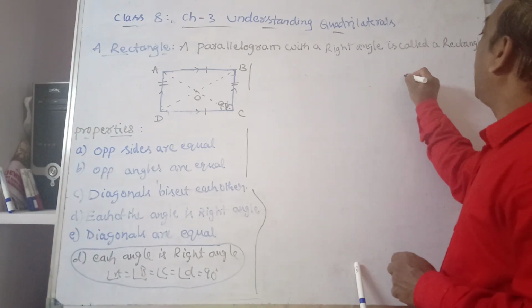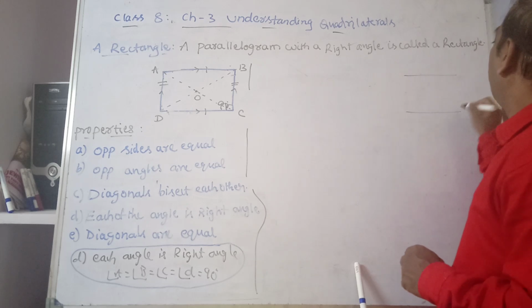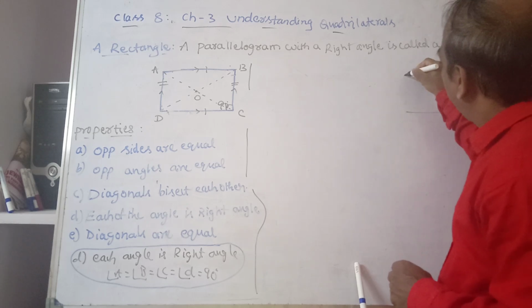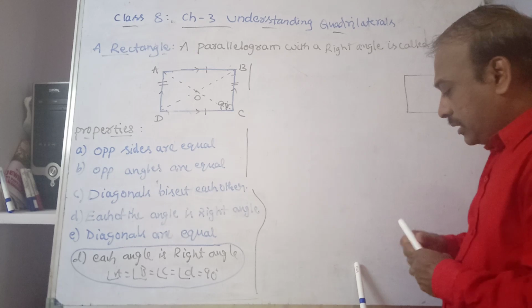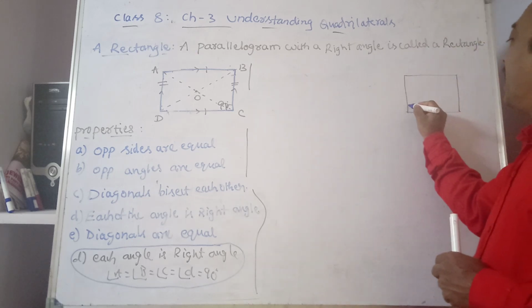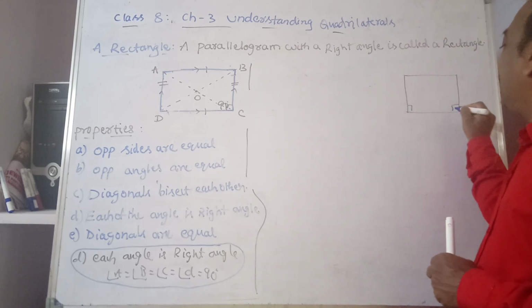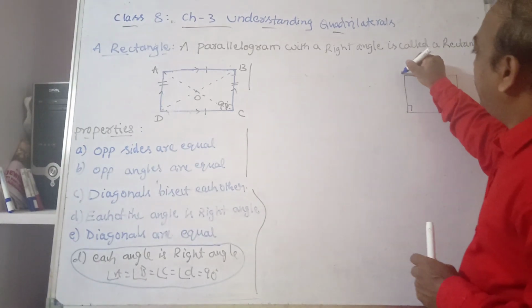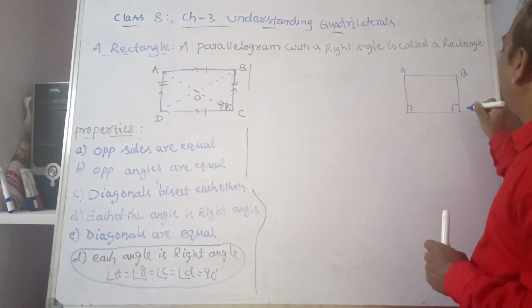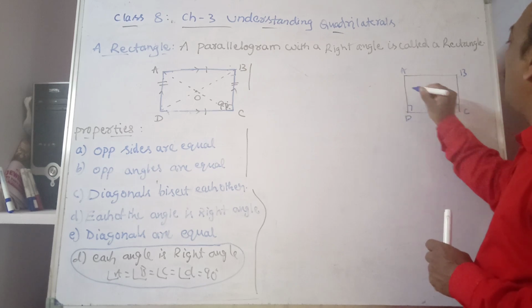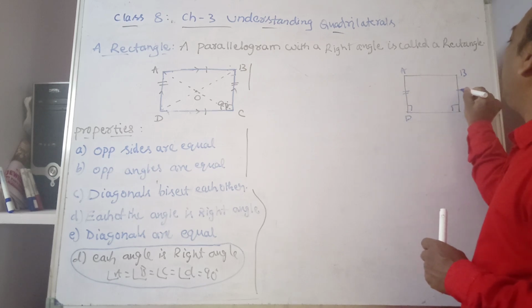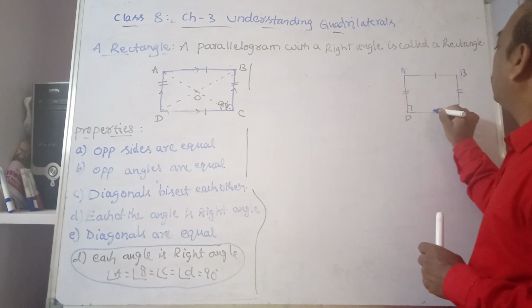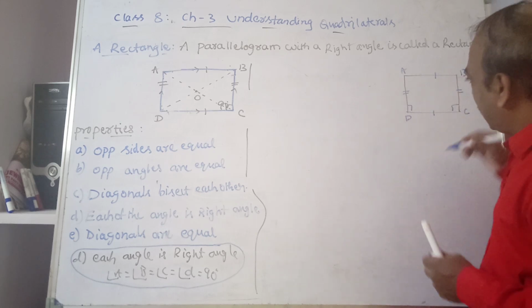So this is a rectangle. Angle 90 degrees. Just now we said all angles are equal to 90 degrees. Next, A, B, C, D. Opposite sides are equal. Now join the diagonals.